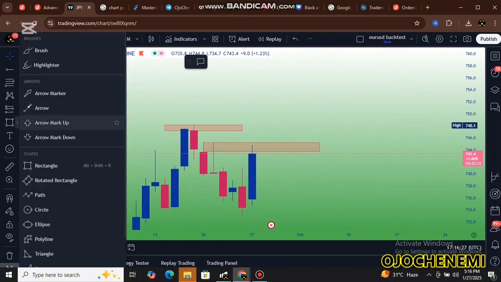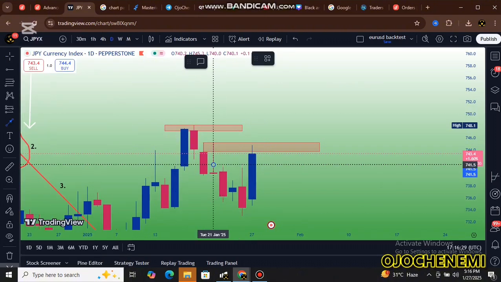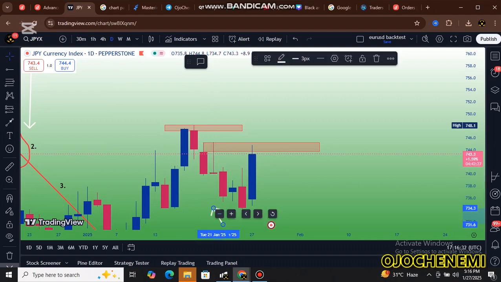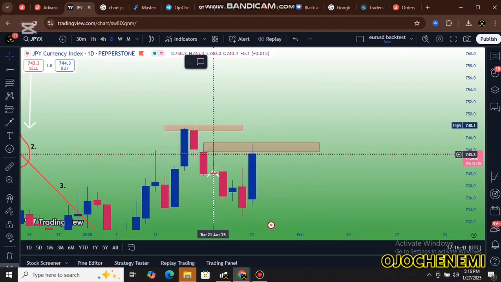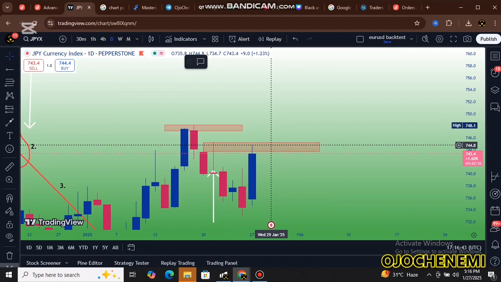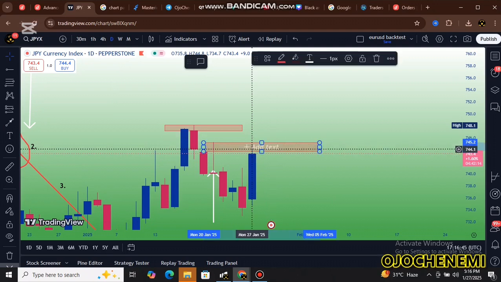This candle here is a close. Let me explain the analogy, the psychology behind the candle there. It is the closing thumb of the bulls.